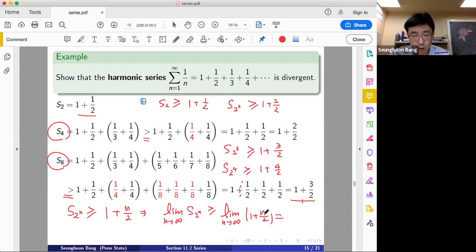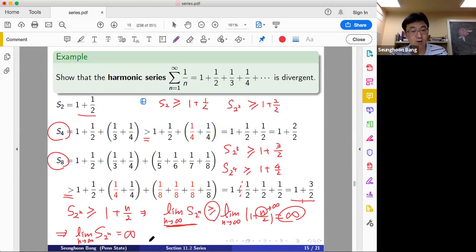This n is going to positive infinity, so infinity over 2 is, yes, infinity. 1 plus infinity is infinity. So the limit of S2n is greater than or equal to infinity. What is the answer? We have only one possibility. The limit as n approaches infinity of the partial sum S sub 2 to the n is just infinity. So we have it.